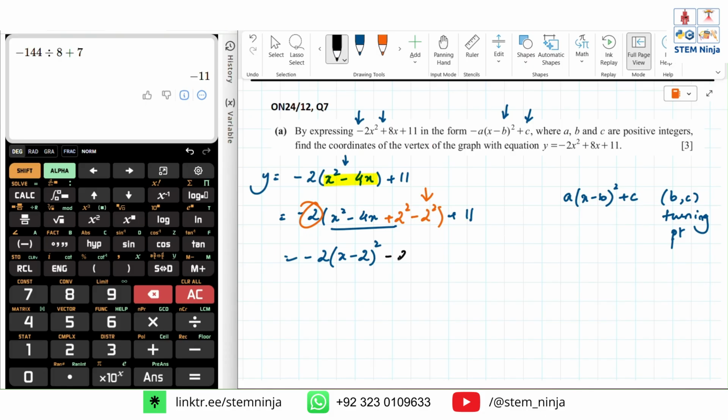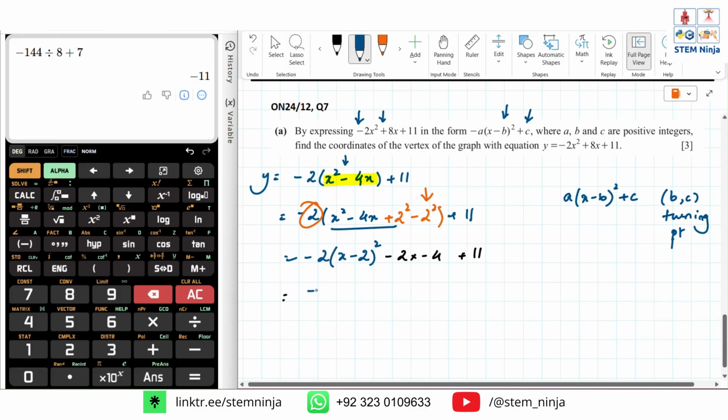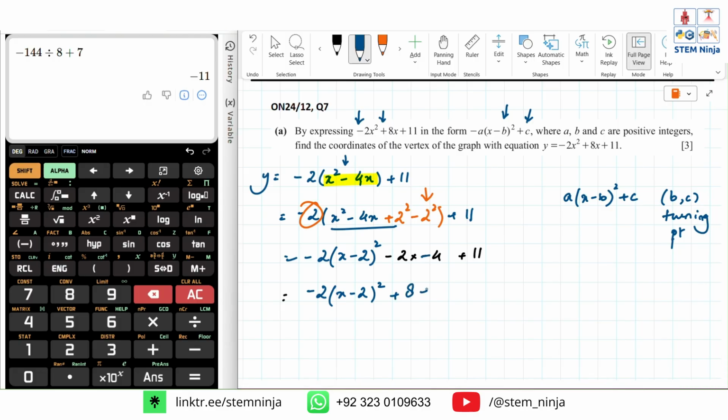So this minus 2 times minus 4 plus 11 would become minus 2(x minus 2) whole squared plus 8 plus 11, and that would be minus 2(x minus 2) whole squared plus 19.